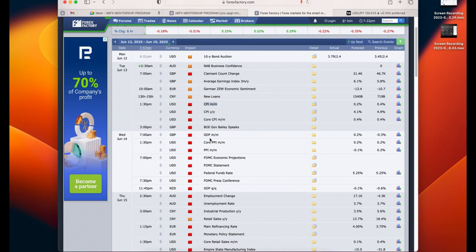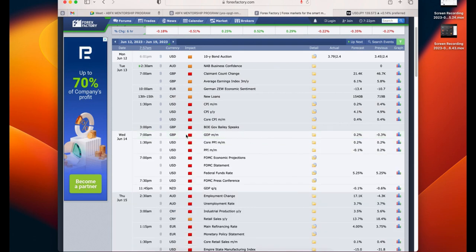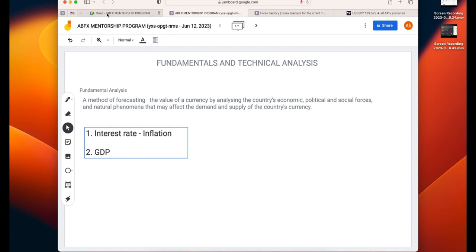If the data comes out positive and GDP is higher for the pound, it means the economy is doing well, so you attract more foreign investment, and the pound increases. So, CPI.